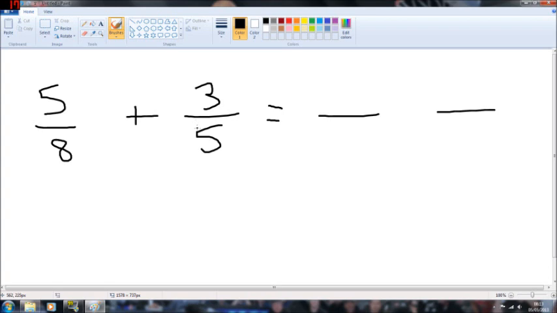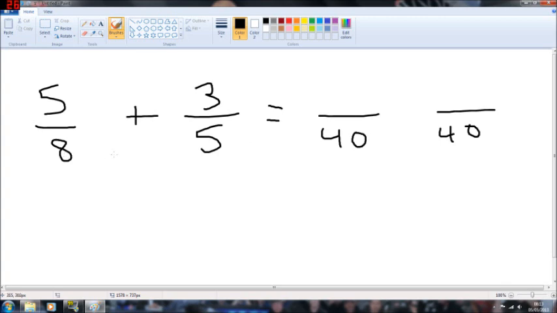So I believe the lowest common multiple for both of these is 40, because 5 goes into 40 and 8 goes into 40. So 8 goes into 40 after you multiply by 5.